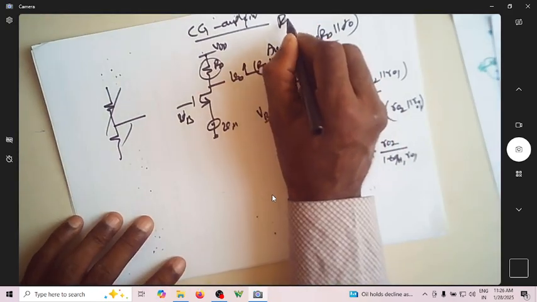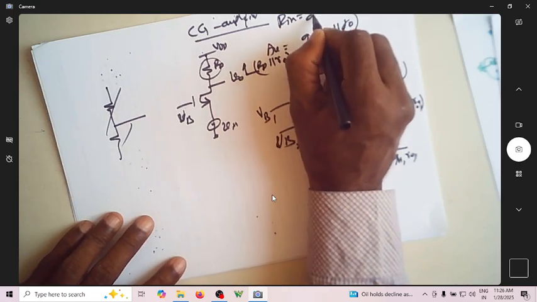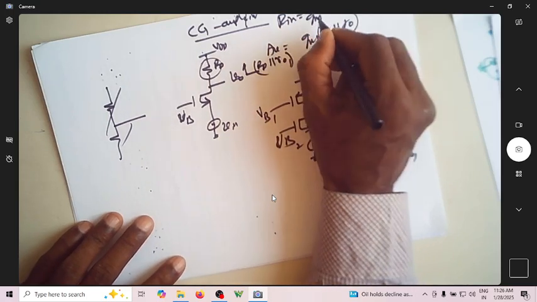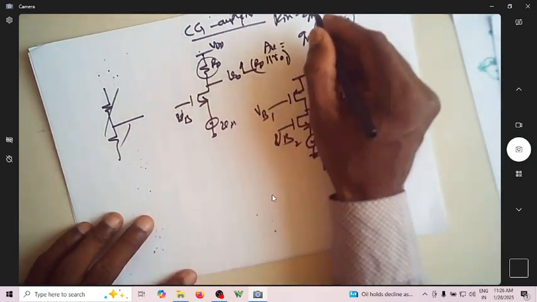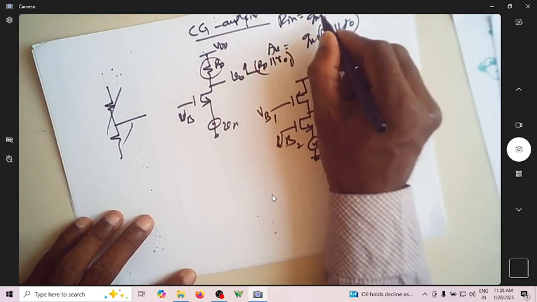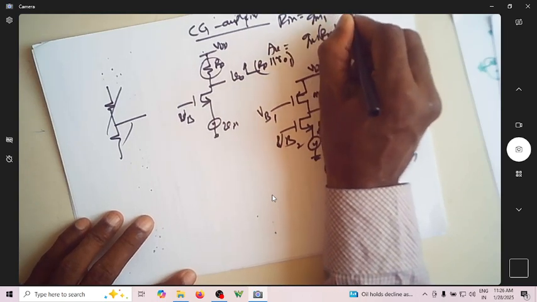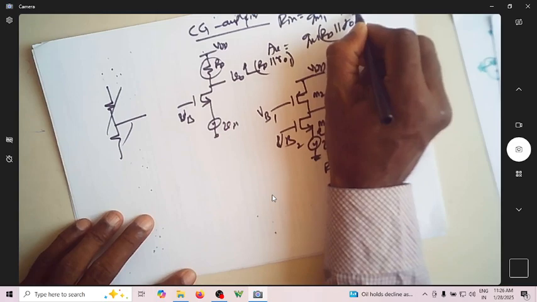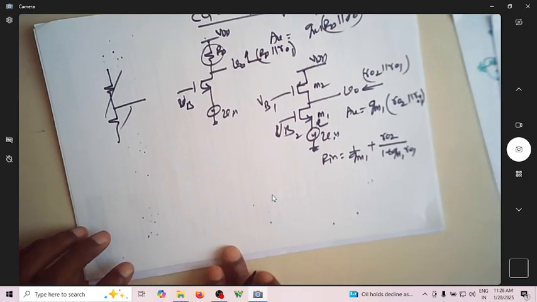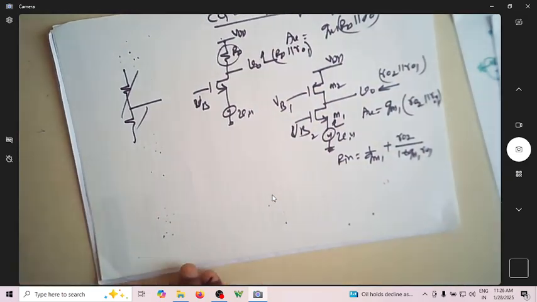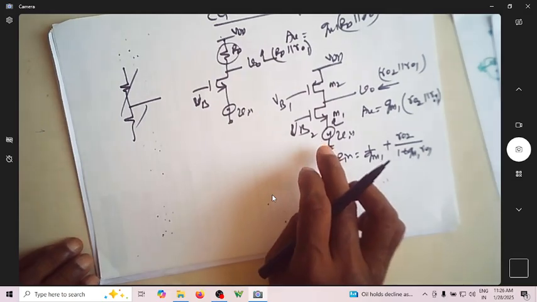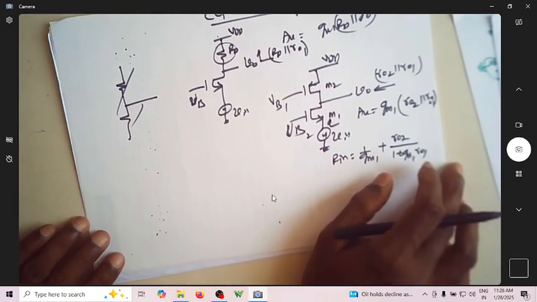Here Rin would be equal to 1 over GM1 parallel with R0, okay, that is very minimal. So it is 1 over GM1 plus RD divided by 1 plus GM1 R0. So in place of RD you have R0. So this CG amplifier will have a very low input impedance. So this is basically used as a current amplifier.